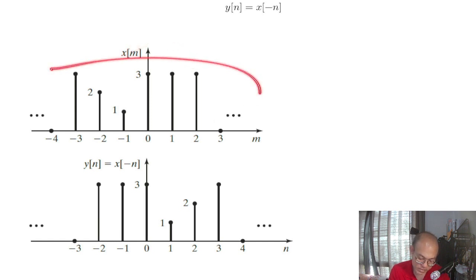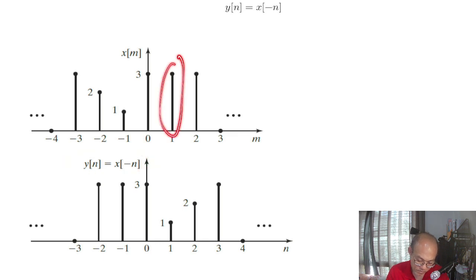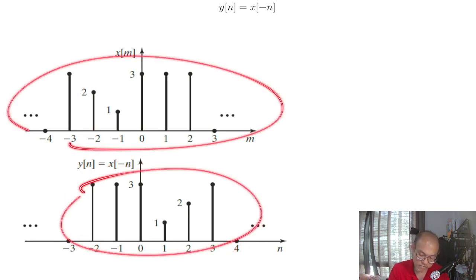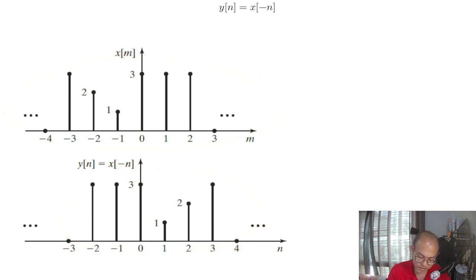For example, in this signal, if you do the time reversal to get x of minus n, this sample is switched to here, whereas this sample is switched to there. So you swap these two together, and these two together, and you're going to get this one. You see, they are time reversals of each other.